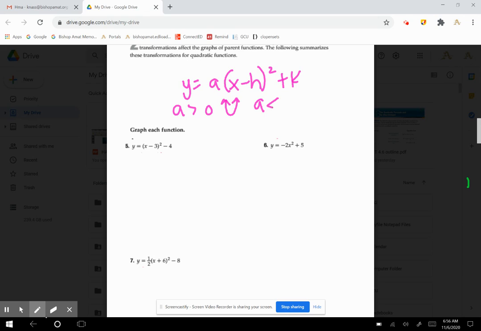If a is less than 0, your U is going down. Your vertex is always h, k. And you can basically go from there. Okay, so let's look at this first one.